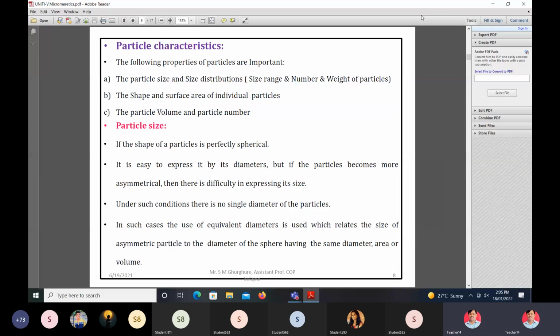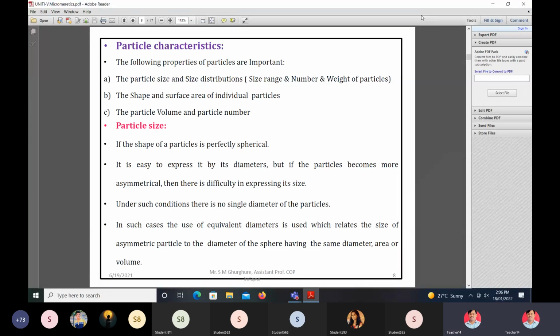Then the particle size and its distribution. We'll move towards the next point. If the shape of the particle is perfectly spherical, then the particle size is measured by its diameter.